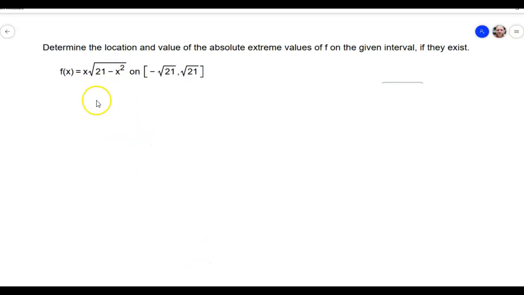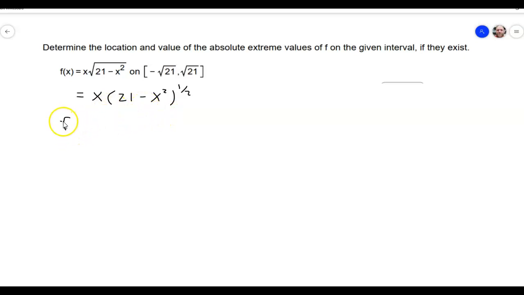The first thing I want to do is get rid of the root and put that in exponential form. So that's x times 21 minus x squared to the 1/2. Once I do that, I have the product rule.